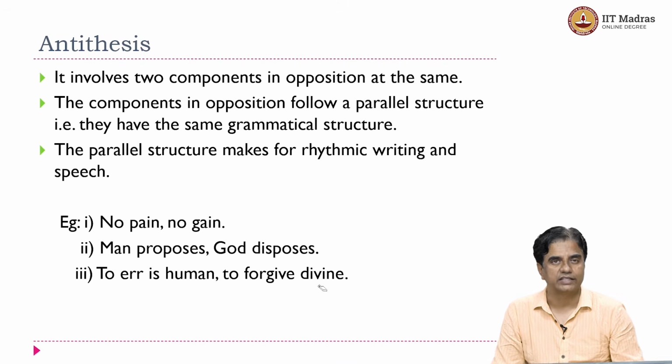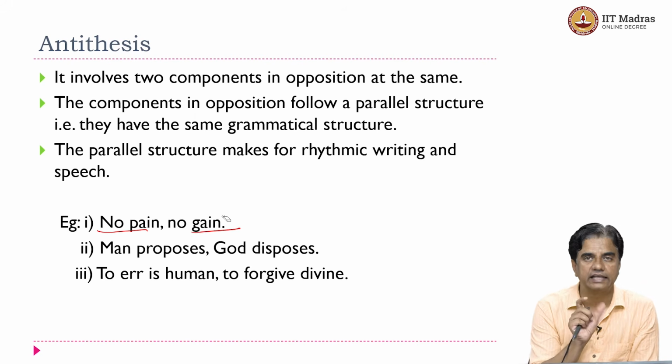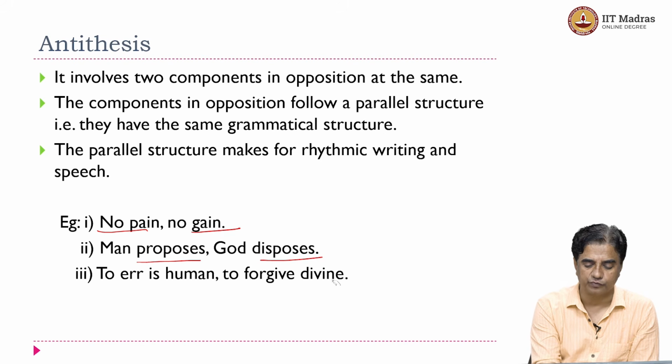Like, look at the examples, no pain, no gain. Antithesis device, no pain, no gain. Here, pain and gain, rhythmic words. Man proposes, God disposes. To err is human, to forgive is divine.